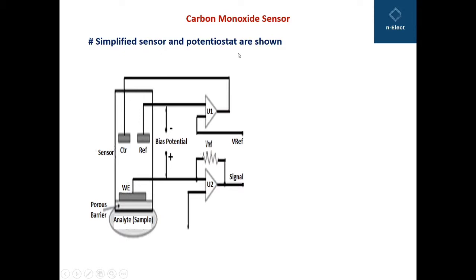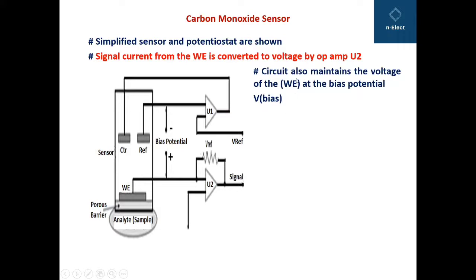Simplified sensor and potentiostat are as shown. Signal current from the working electrode is converted to voltage by op-amp U2, and here you are getting the output voltage. The circuit also maintains the voltage of the working electrode at the bias potential V bias. The RE, that is the reference electrode potential, is compared to the stable input voltage V bias.